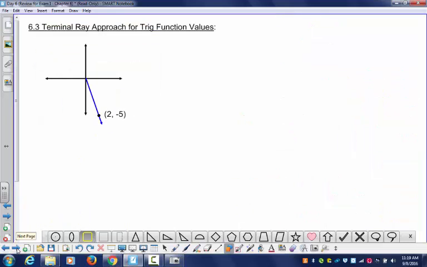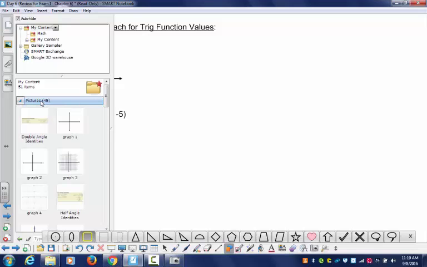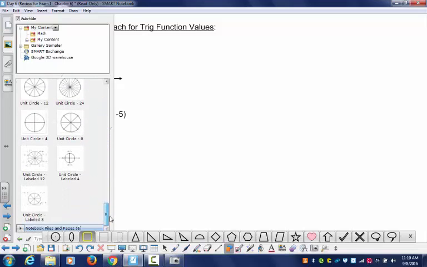Terminal ray approach to finding trig function values. You guys go ahead and try to figure out the 6 trig function values for that. And I'll get it set up here.